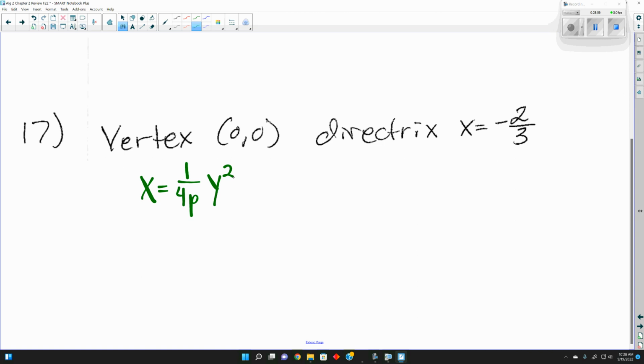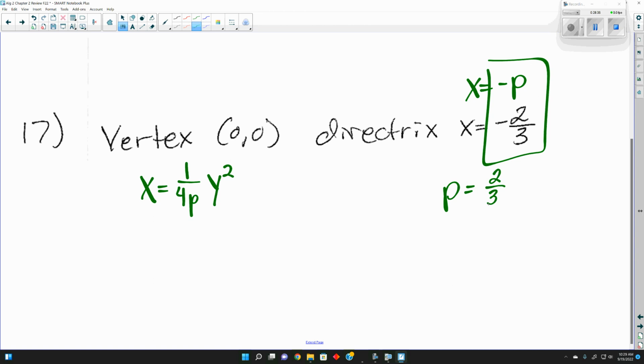And the directrix in the general form is x is equal to negative p, yes? What's taking the place of negative p? Negative 2/3. So what's p? Positive 2/3. Because if negative p is negative 2/3, positive p is positive 2/3.